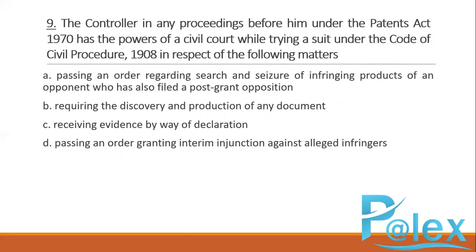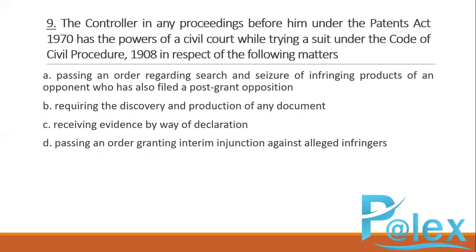Question 9, the controller in any proceedings before him under the Patent Act has the power of a civil court while trying a suit under the Code of Civil Procedure 1908 in respect of the following matters. So in few cases, the controller also has the power of a civil court. What are those matters?